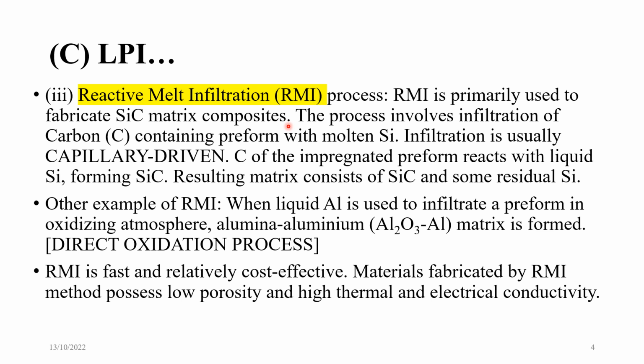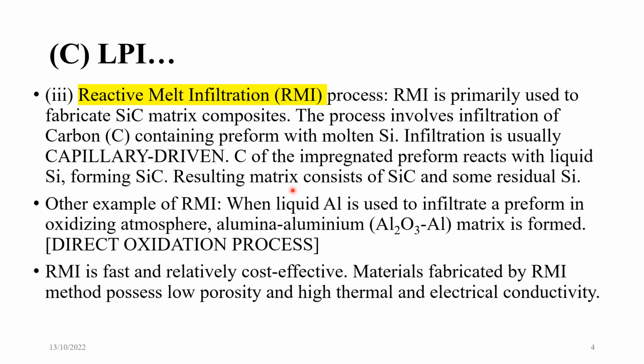It can also be manufactured using the reactive melt infiltration process. So the process involves infiltration of carbon containing preform with molten silicon. Infiltration is usually capillary driven. Carbon of the impregnated preform reacts with liquid silicon, forming silicon carbide. That means the silicon carbide matrix is being formed in situ.